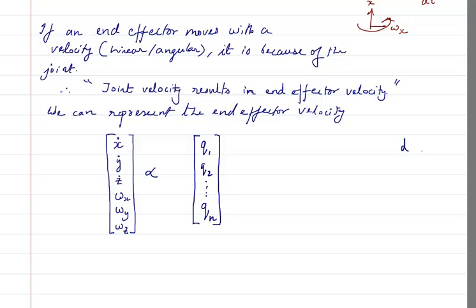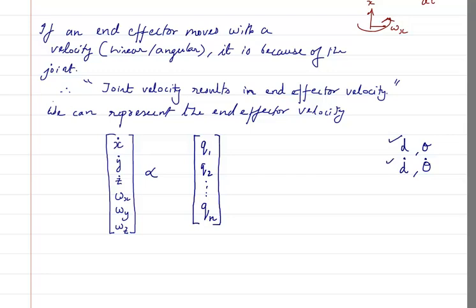If it's a revolute joint, it will have an angular movement of theta. Whatever is the linear movement, if I am trying to take the velocity of that, I will differentiate it. So it is d dot. Similarly, whatever is the angular movement theta, if I differentiate it, I will get the velocity. So this is the position, this is the velocity.